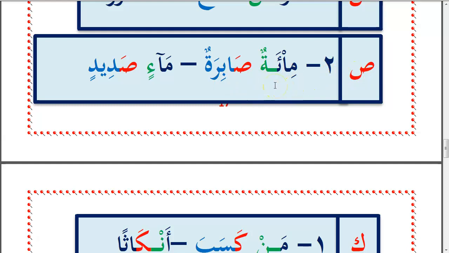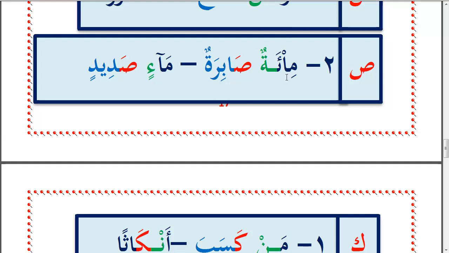You know, I told us that wherever you see small circle written on a letter, the small circle is telling you, ignore the letter under me. Don't read it. Now you read as mi'atun sabira.